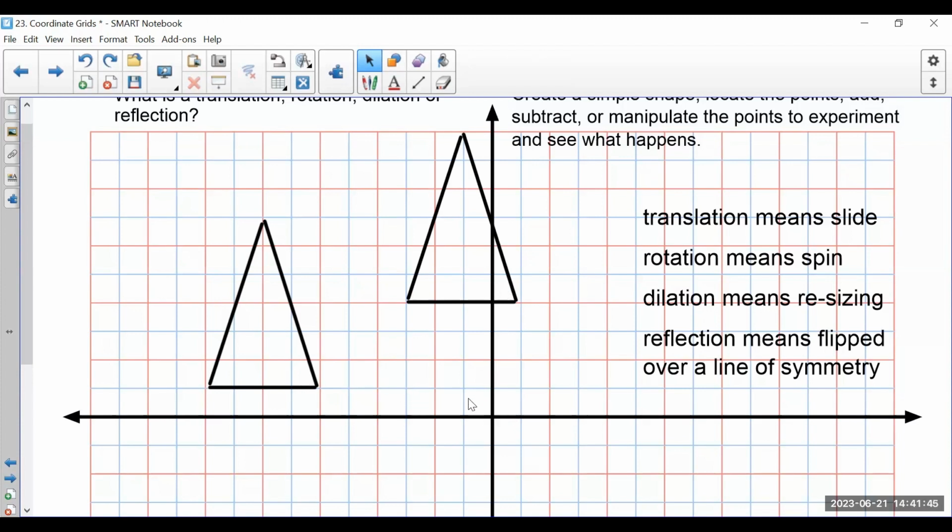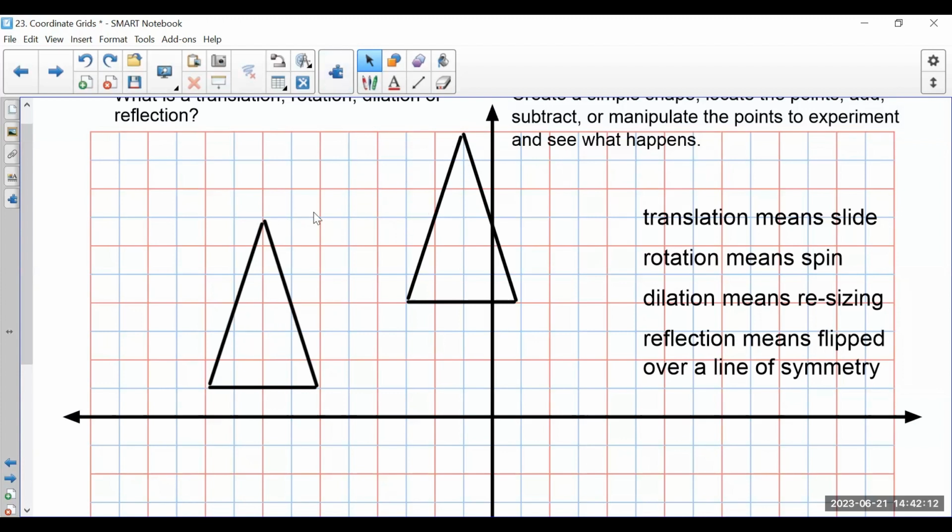That's a difference of 7 to the right. So every one of these x points would be 7 greater on this triangle. Every one of the y points, like this one is up 1, here it's up 4, it's 3 higher. On here, every one of these points is 3 higher than it is on this triangle.